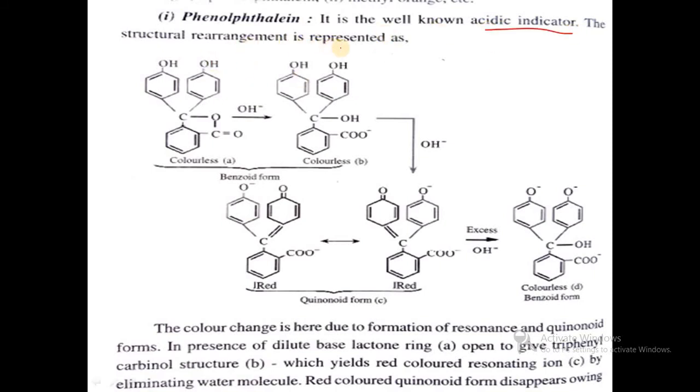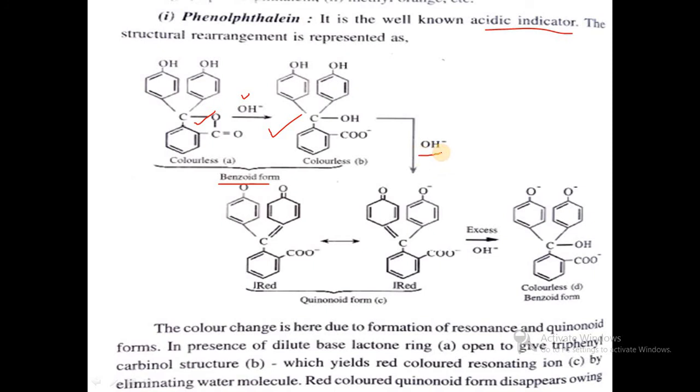The structural rearrangement is represented as below. At first it is available in benzoid form, that is a lactone-like structure, but when we add base, the lactone form breaks down into another form like this. So this is the overall benzoid form.